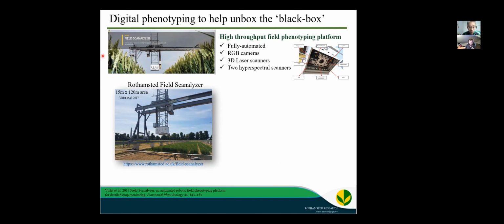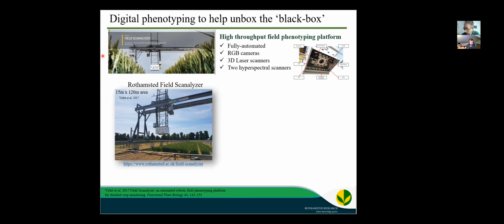platform that we had in the UK at Rothamsted. We had this Field Scanalyzer, which is a fixed platform implemented in 2015, if I'm not wrong. It's fully automated. That's the main core, and the high resolution that you can get compared to drones or other facilities.